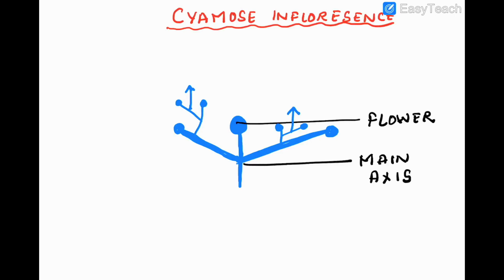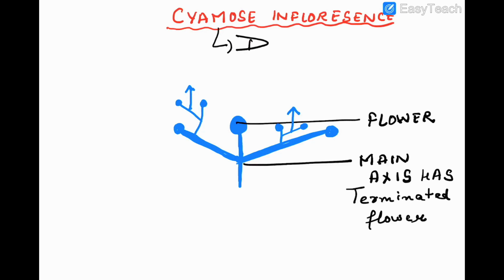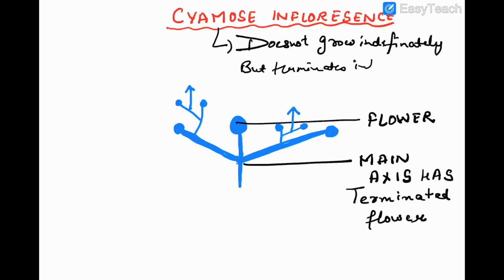As you can see here, the main axis has terminated into a flower. So it means in cymose inflorescence, the main axis does not grow indefinitely, but terminates into a flower.